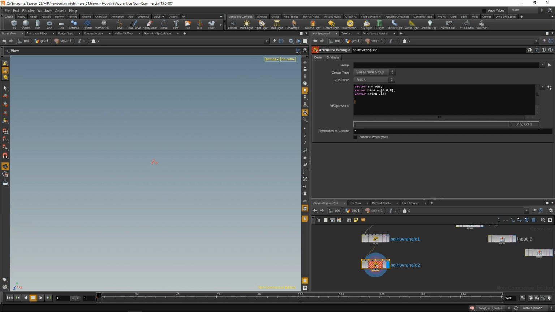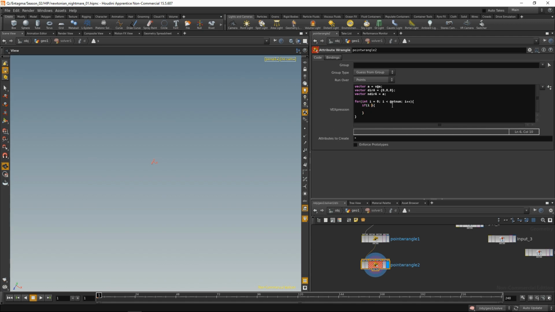So let's run over all the other points with the for loop now. So this for loop will run from 0 to the maximum point index here and increase by 1 each loop. And we want to execute the code that's in the for loop only if i is not our current point number. So let's check for that.